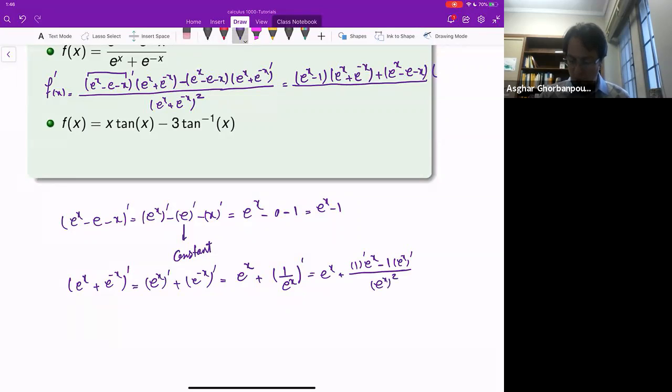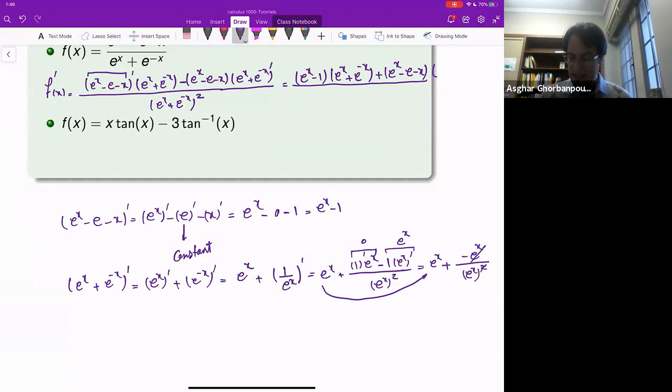The derivative of 1 is 0. So this first piece will go to 0. And the derivative of e to the power x is e to the power x itself. Now for the second piece, you get minus e to the power x over e to the power x squared.